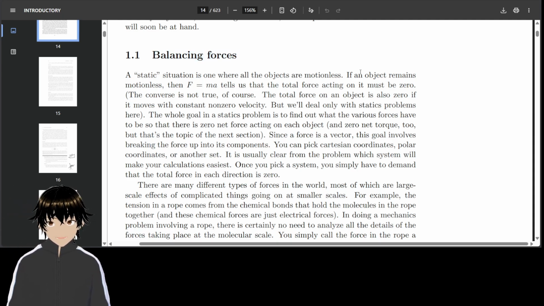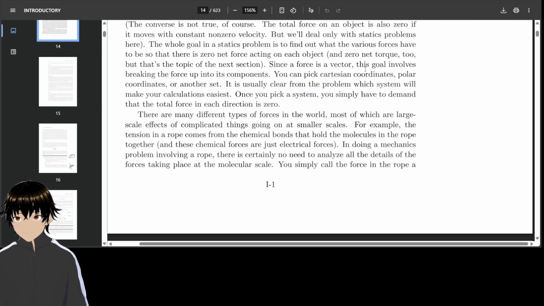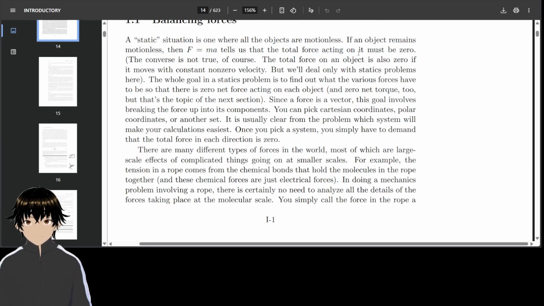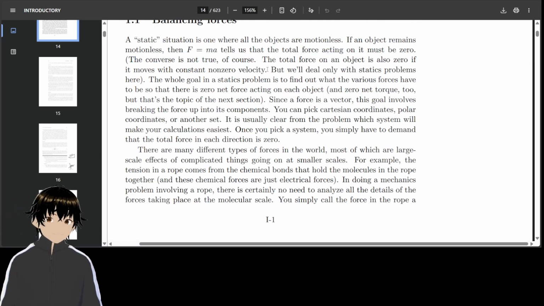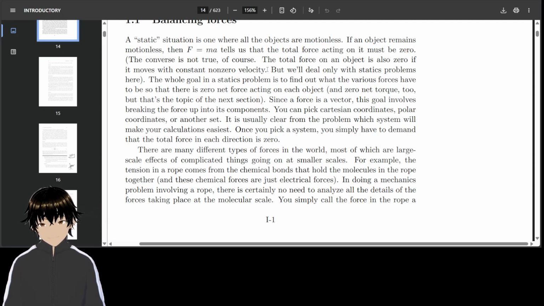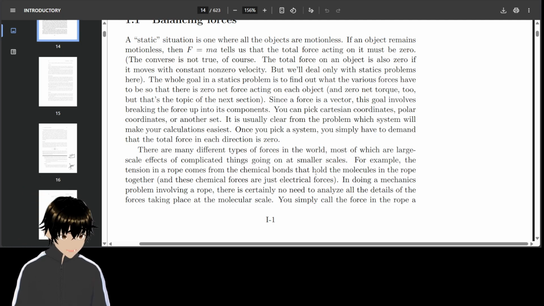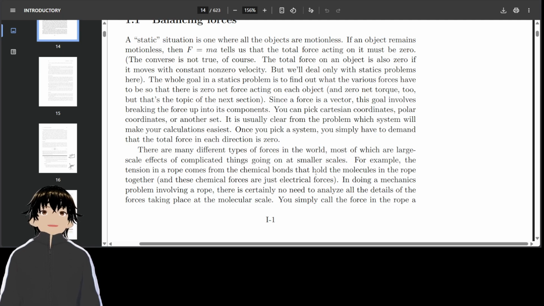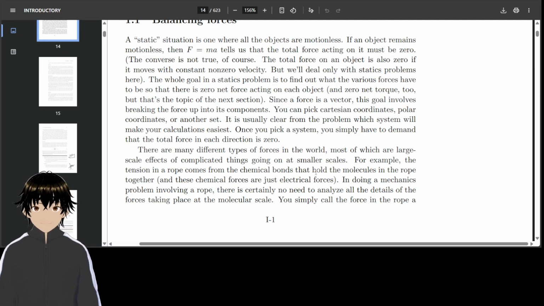A static situation is one where all the objects are motionless. You guys can read it quietly inside your head, but I'm going to read it as well, and I'll try to explain how I interpreted the text later on as we move along.